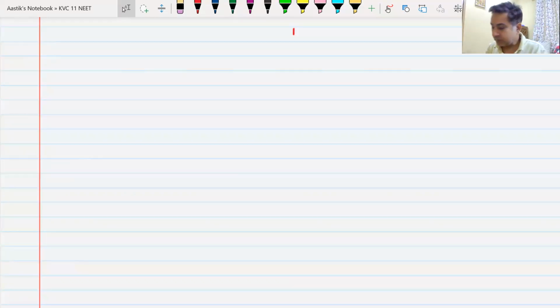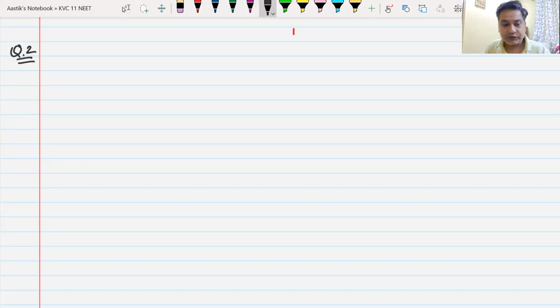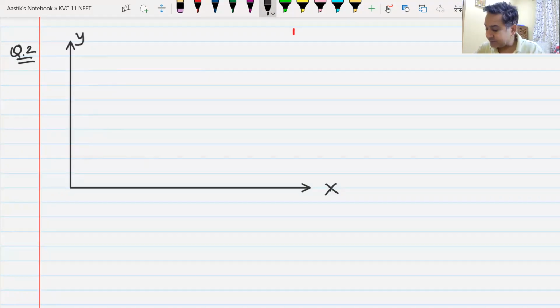Okay. So now comes the next question, question number 2. And this question may be in the form of a diagram. The diagram looks like this. We have my x-axis and my y-axis.